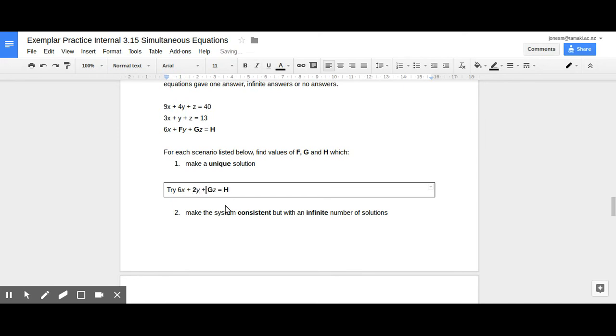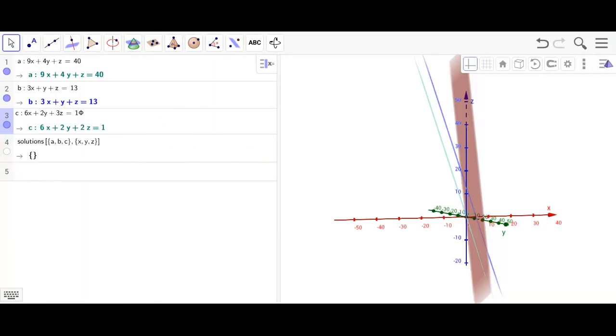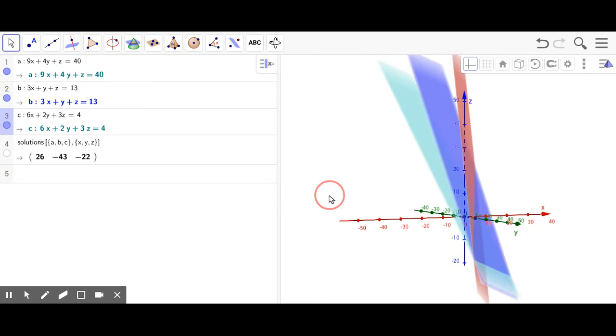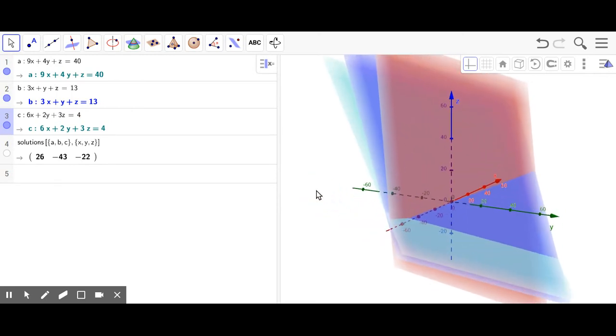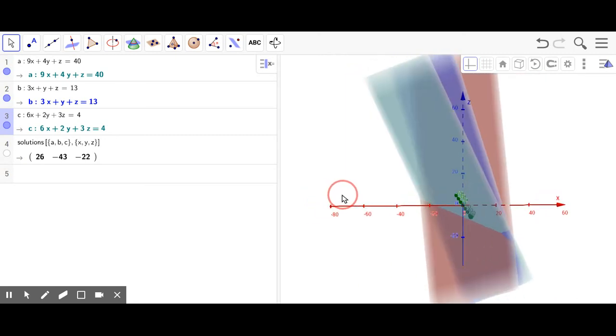I'm choosing 2, 3, 4. And if I did that, look, we have an intersect at one point. So that was just a check and guess.